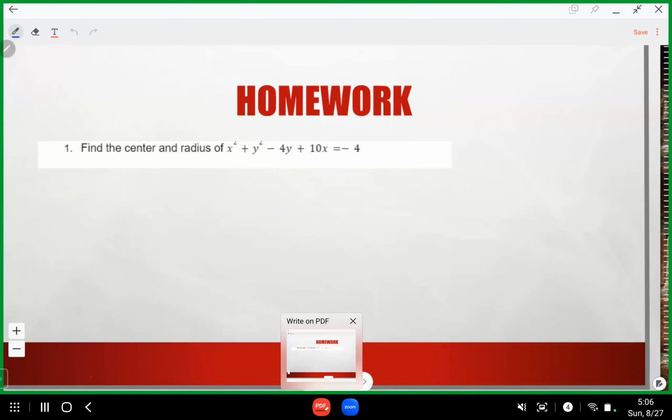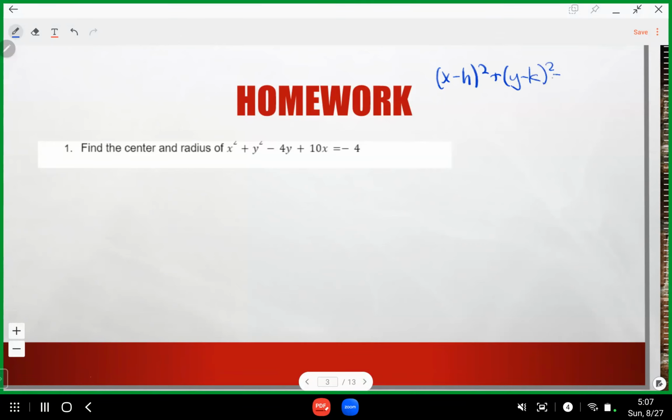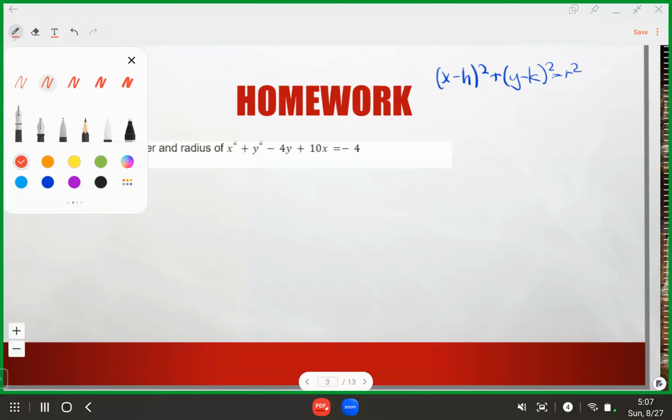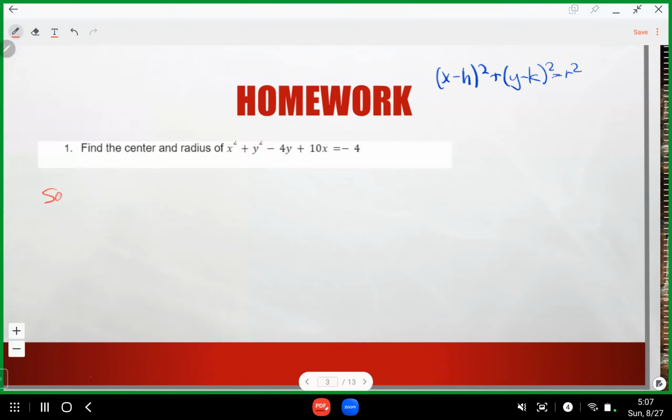So first I have to turn this into the normal equation, which I think is x minus h squared plus y minus k squared equals r squared. So the solution is going to be in this form, right?